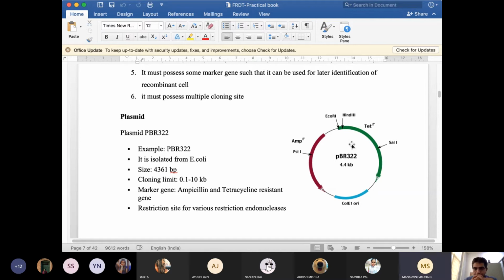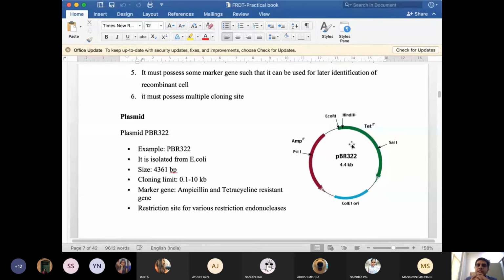Sir, based on that, it says that it has restriction sites for various restriction endonucleases. So using one of those, we would have to cut out a piece at an appropriate position, then insert the gene, and then ligate it again so that it is recombinant. Yes, that's a right answer, Manaswini.